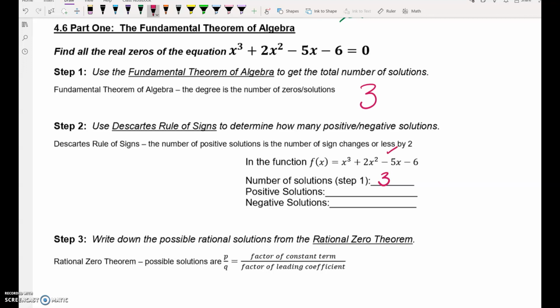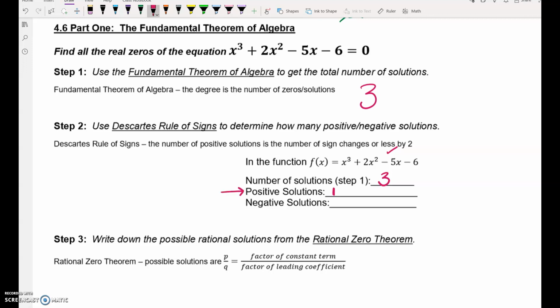Then -6. Did we change there? We changed to negative on the 5x. We're staying negative, so that's not a sign change. There's 1 sign change in this polynomial. That means there is 1 positive solution.